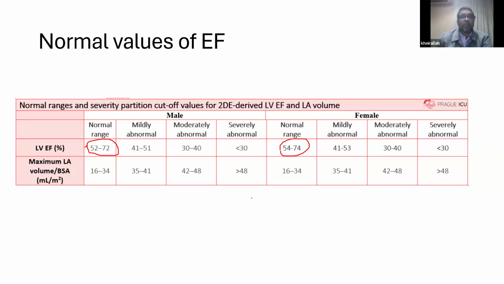Okay? Now, when we talk about LV systolic function, we say that it is mildly impaired, or moderately impaired, or severely impaired. That is based on the ejection fraction. So what does mildly impaired mean in terms of ejection fraction?